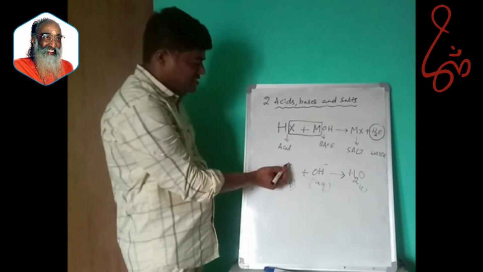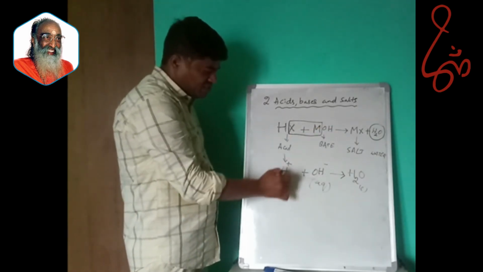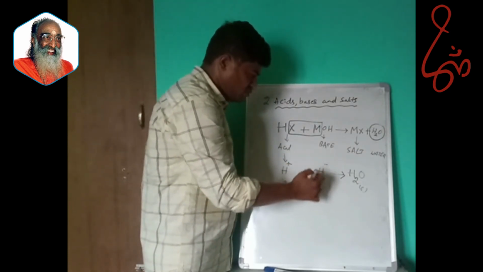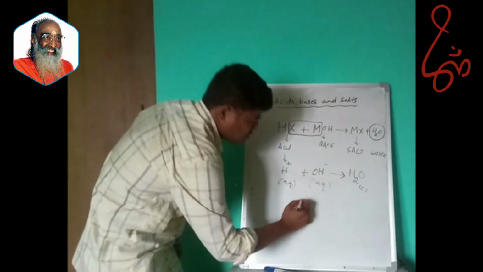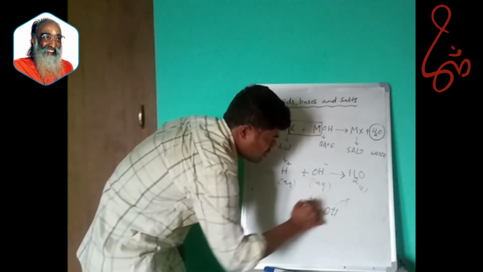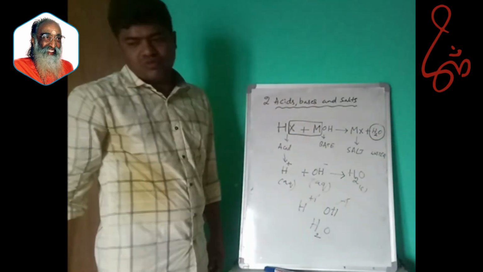And how did you get water here? H plus and OH minus combine, H plus 1, OH minus 1, to give H2O.